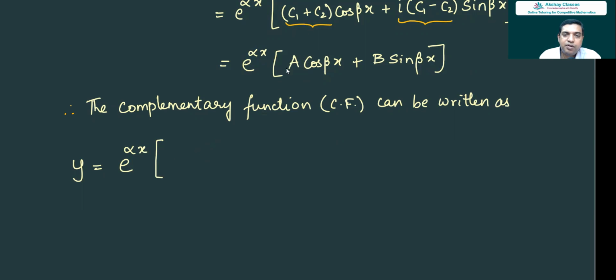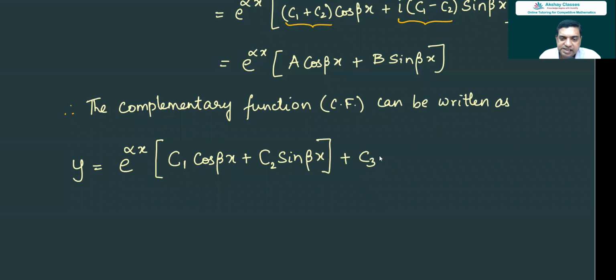I will replace this A by capital C1. It is some constant, right? Don't take this as that C1. C2 sine beta x plus C3 e power m3x plus C4 e power m4x, up to Cn e power mnx. This is the complementary function.